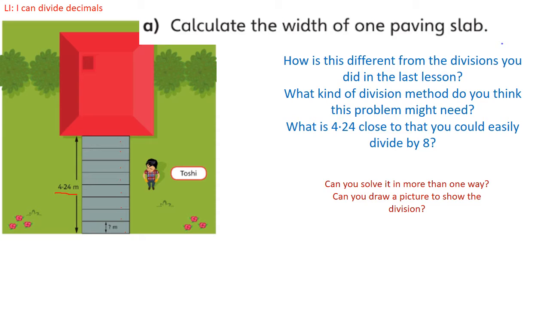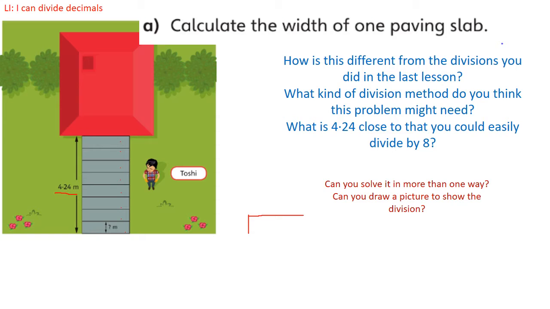So we're going to need to divide 4.24 metres by 8. Now there are actually two different ways you can do this. I'm going to show you a way where we keep our whole length in metres. So what is our divisor going to be? What are we going to be dividing by?